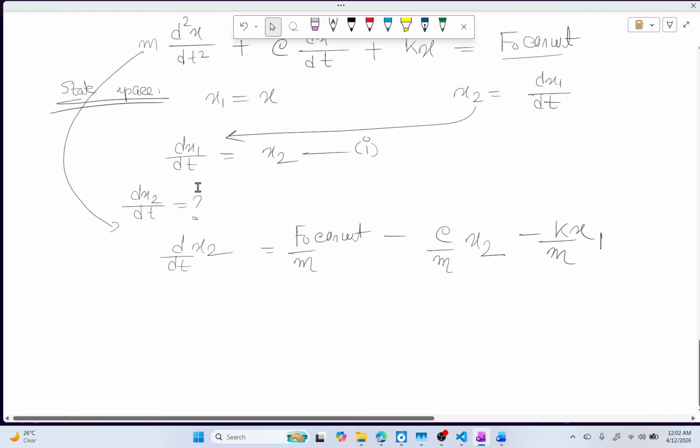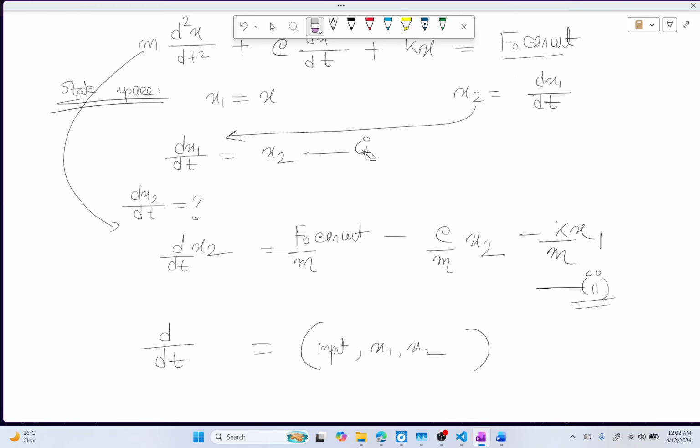So you can see that I have two equations, and the common format in these two equations is that at the left hand side I have the differential term, and at the right hand side I have x1, x2 and the input. So force is the input, right? Similarly for this, you can assume that here you have 0 into x1, then 0 into input.